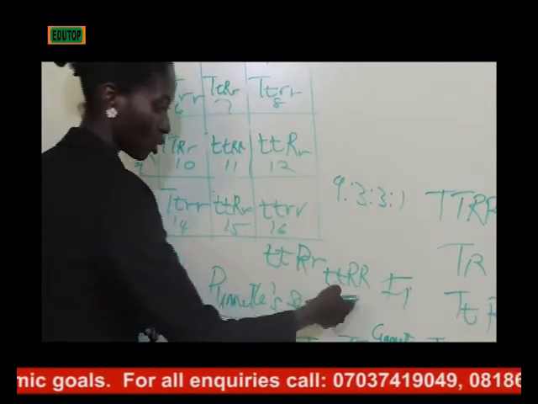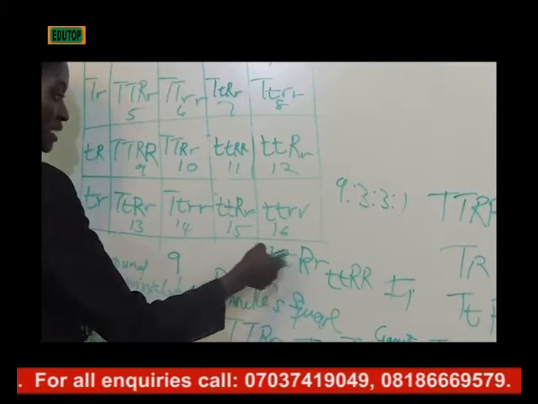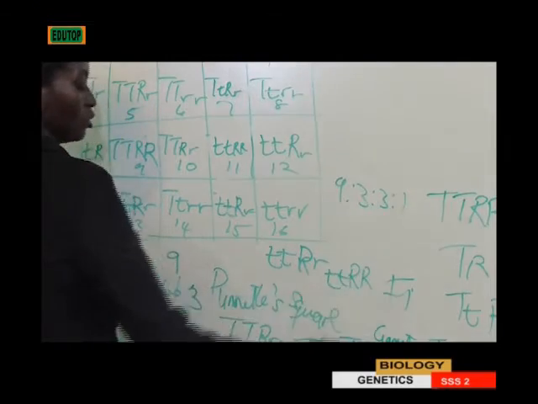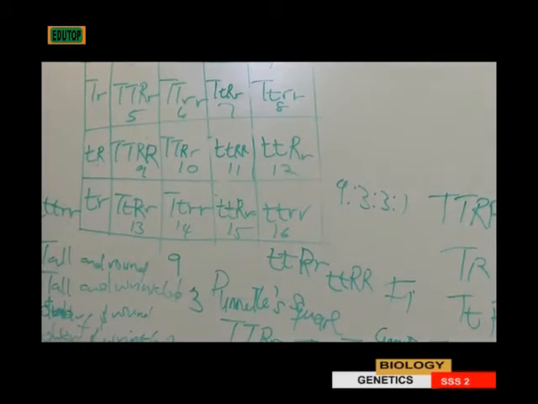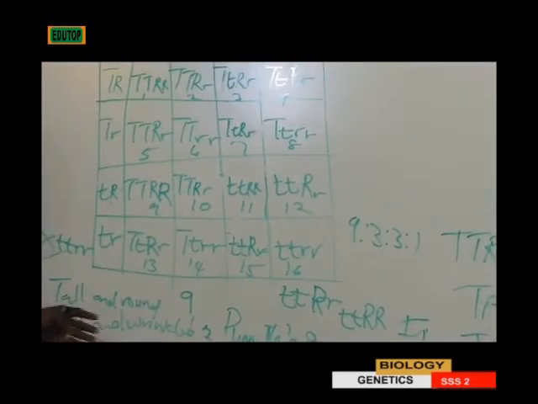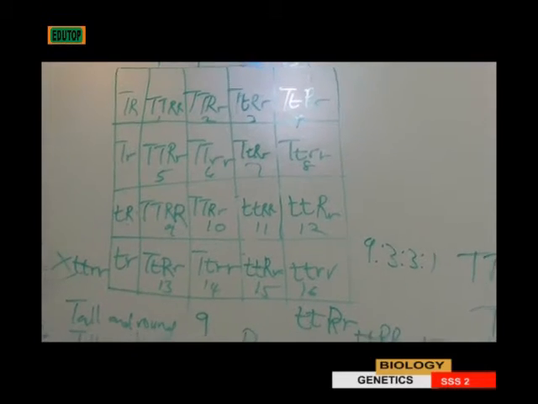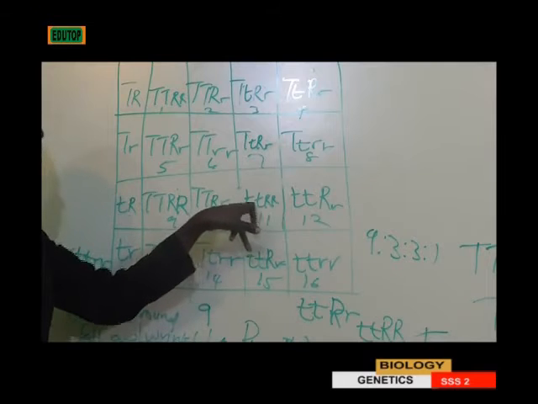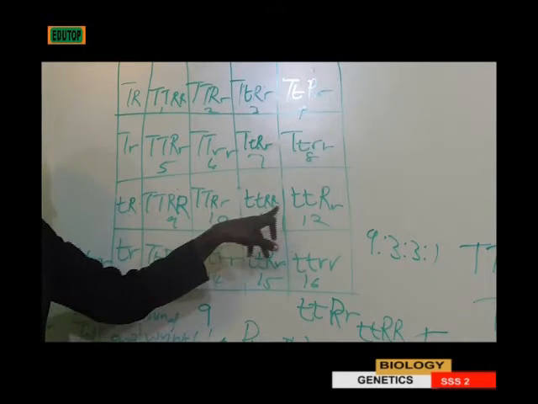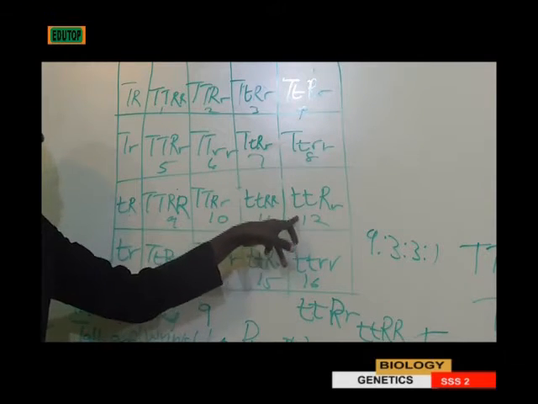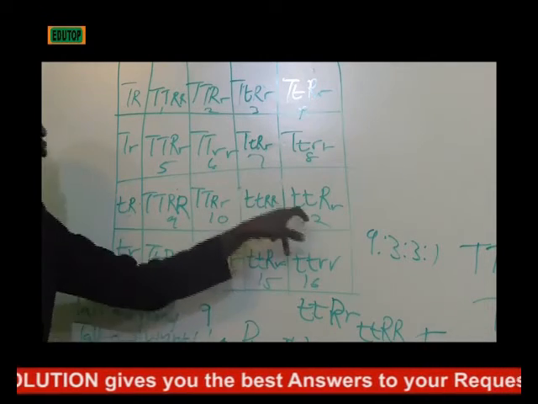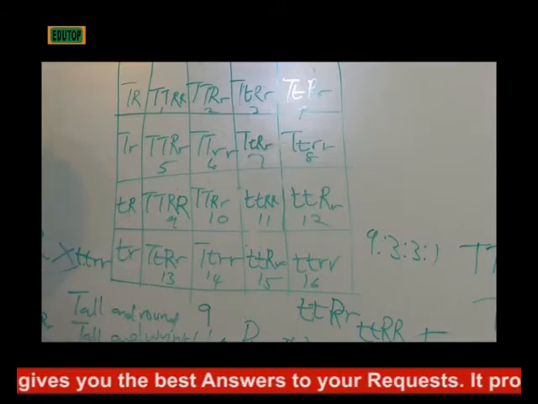They are both dwarf. tt is dwarf. Then round could be this round or this dominantly round. So let's look at the ones that are dwarf and round. Which one is dwarf? tt, small t. Okay, we have number 11. Also we have number 12. Then number 15. That is 3. 11, 12, 15. So that is also 3.